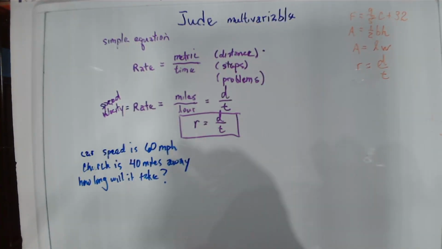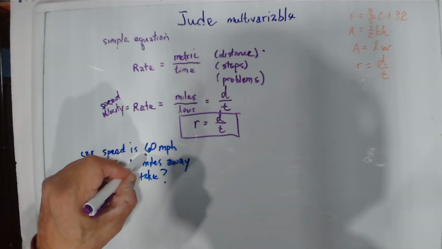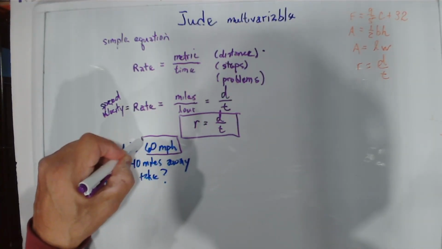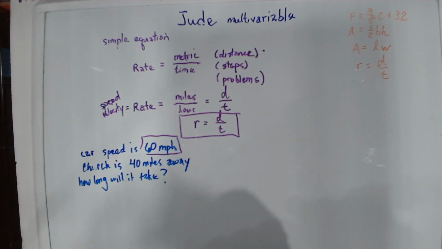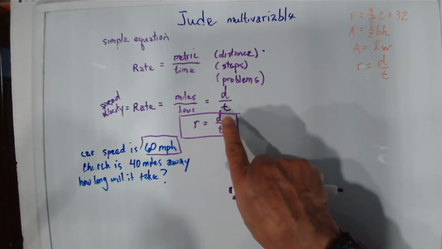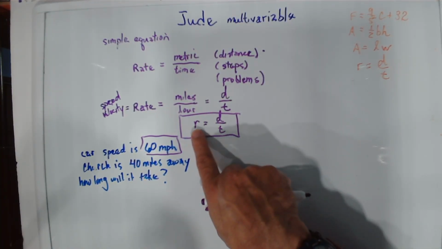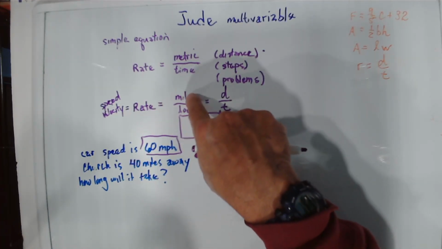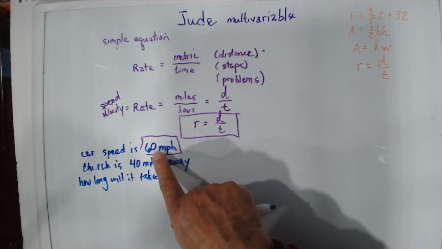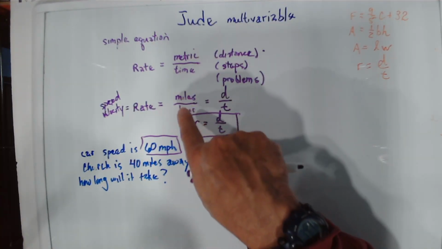Okay, so what do they give us? They say the car speed is 60 mph. What is that associated with? Let's look at our variables. Is it the R, the D, or the T? The rate is in miles per hour. What does mph mean? Mph means miles per hour.